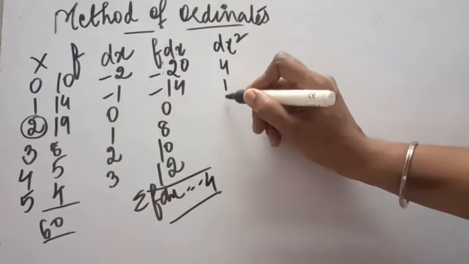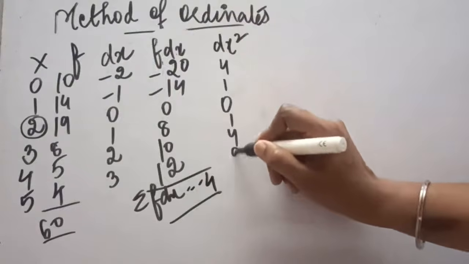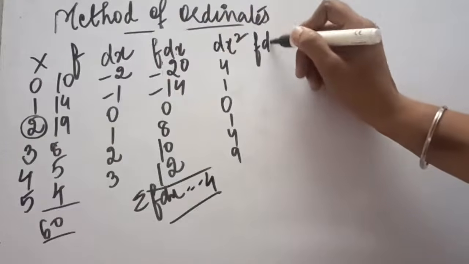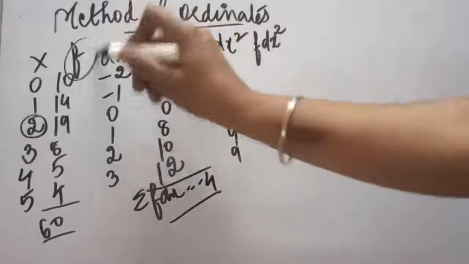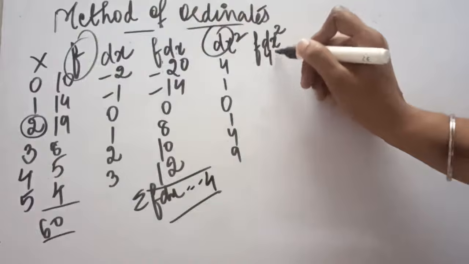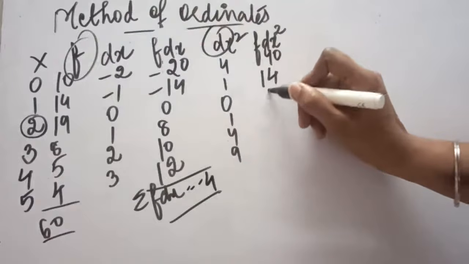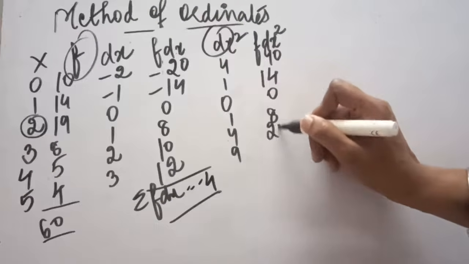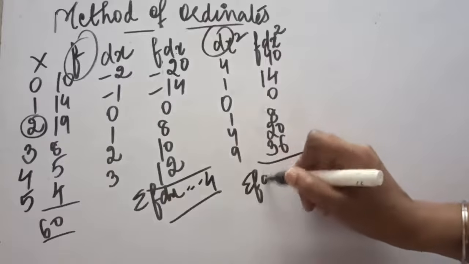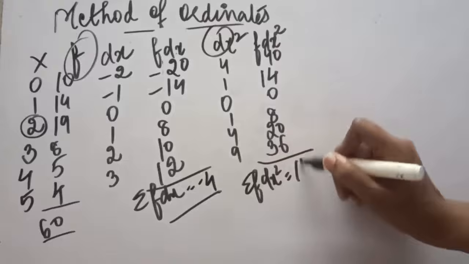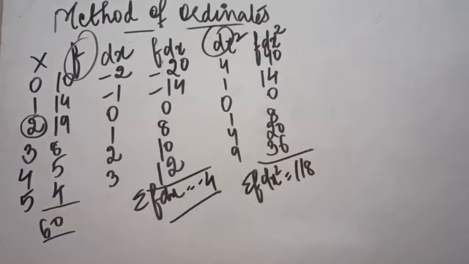So 4, 1, 0, 1, 4, 9. Then we will require f dx square. So f and dx square we will multiply. So 40, 14, 0, 8, 20 and 36. From here we will get sigma f dx square, which comes out to be 118.